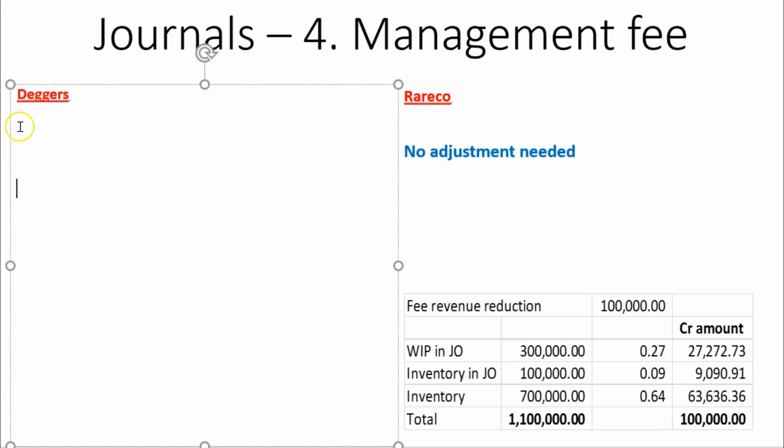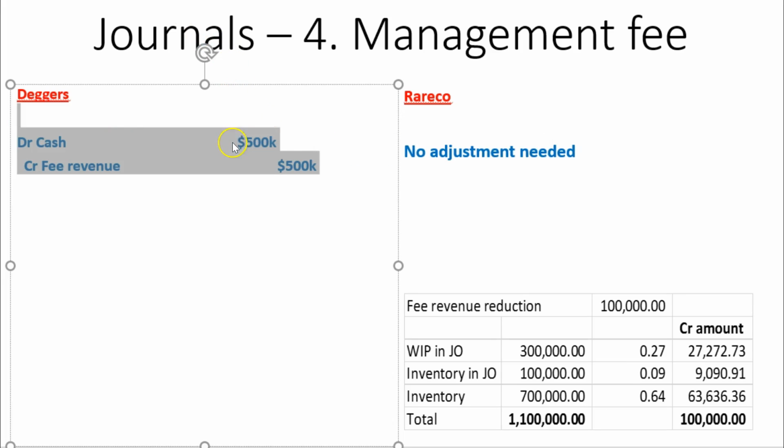So the way we'll be recording this, right? We know that the management fee was $500,000. So originally, Deggers Limited would debit cash by $500,000 because the joint operation would pay them that much for the management, and they would credit fee revenue by $500,000.